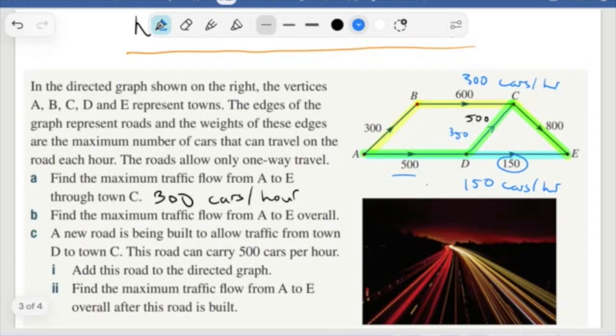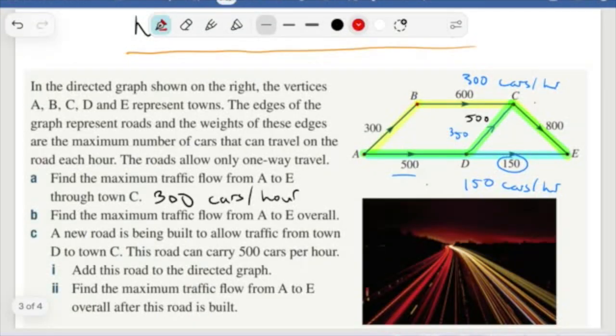Okay, so I'm just going to pause for a moment for you to really think about this. We've added another road. So I still get the 150 cars, but those 150 cars can pass, leaving 350 to go along here. Now, those 350 cars, they're going to meet at this vertex C. Now, let me do this in a different color.